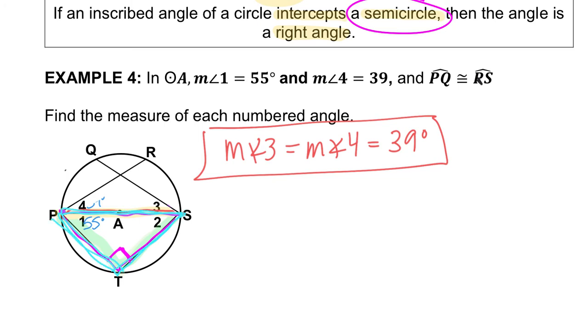We have a right triangle, and what we've learned before is with a right triangle, our two acute angles add to equal 90 degrees, because when you add your right angle in, you're going to end up with that 180. So, for the measurement of angle 2, all we need to do is 90 degrees minus the 55 from angle 1 over here, and we're going to find out that the measurement of angle 2 is going to come down to 35 degrees.